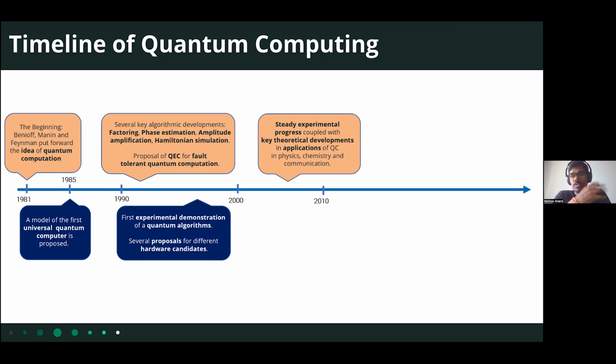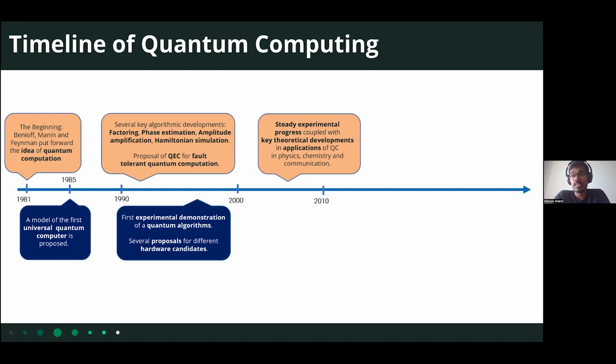But the first wave of interest in quantum computers actually started in the 90s and continued until the late 2010s, where several key algorithmic developments were proposed: factoring, phase estimation, amplitude amplification, Hamiltonian simulation, amongst others.